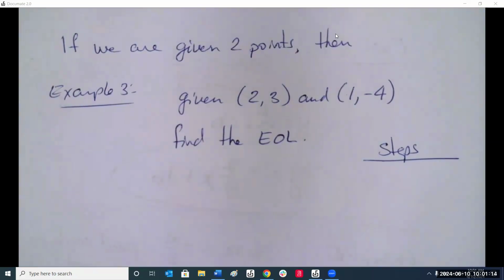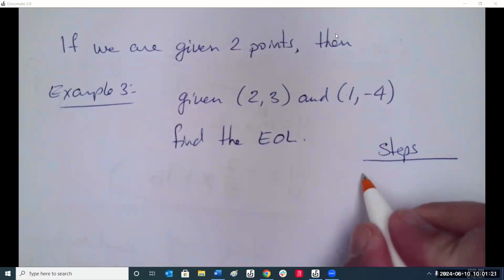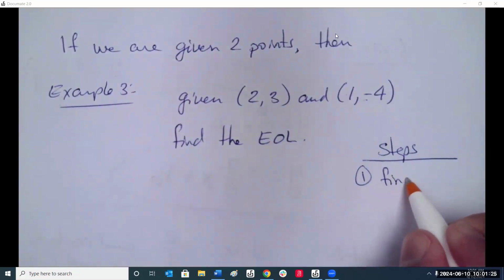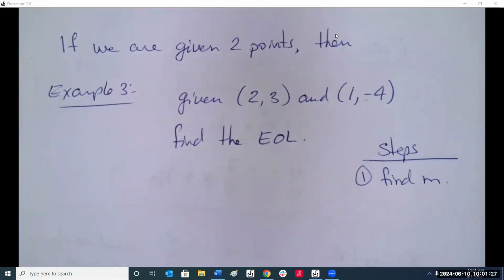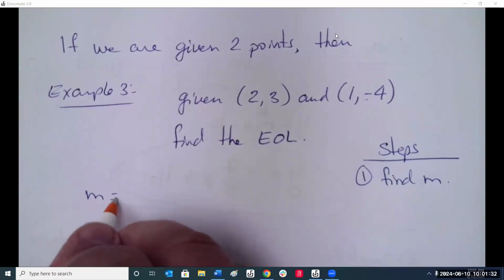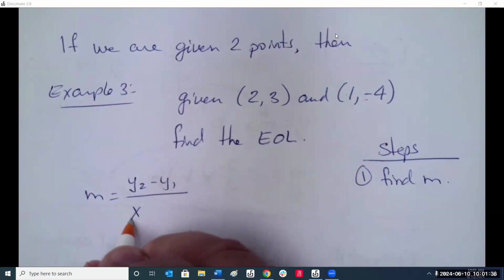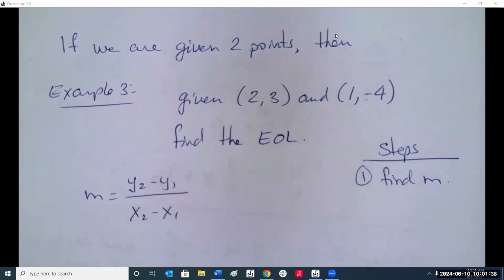Because remember, to find the equation using these formulas, we need a point and a slope. My first step then, I'm given 2 points. Find the slope, first step. That's y2 minus y1 over x2 minus x1.